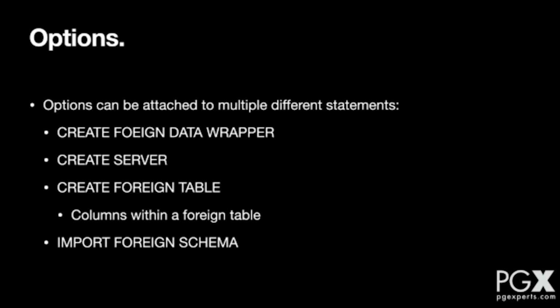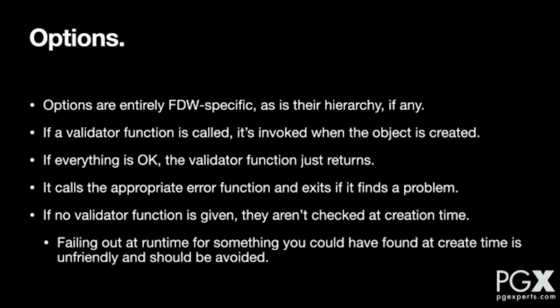Okay, speaking of options, if you look at all the various create statements, there are options in parentheses at the end of them. Create foreign data wrapper, create server, create foreign table, an individual column within a foreign table, and import schema can all have options. They're entirely defined by you. You can put whatever you want in there; the semantics, the syntax, everything is up to you.